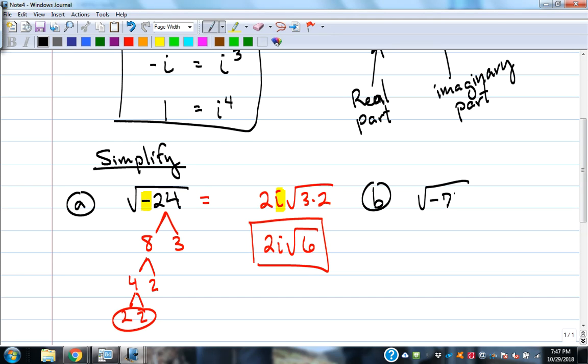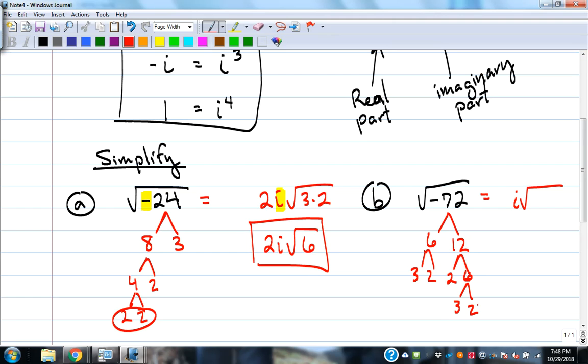Square root of negative 72. We know automatically there's going to be an I at the front because it's a negative underneath there. We could start with that and then break down the 72 using whatever numbers we want, as long as they multiply to be 72. 6 and 12, that's a good set. 3 and 2. 2 and 4, or 2 and 6, or 4 and 3, doesn't matter.